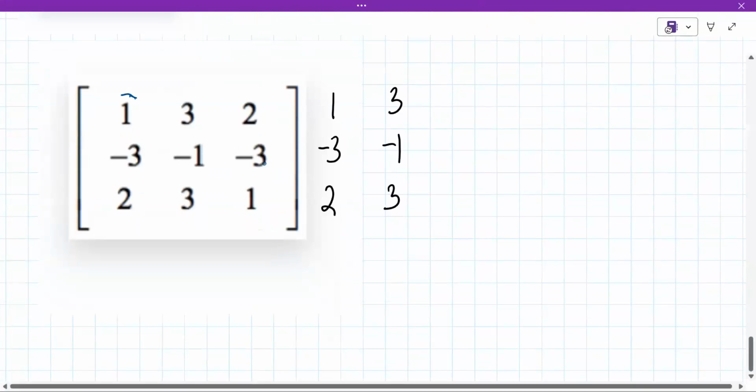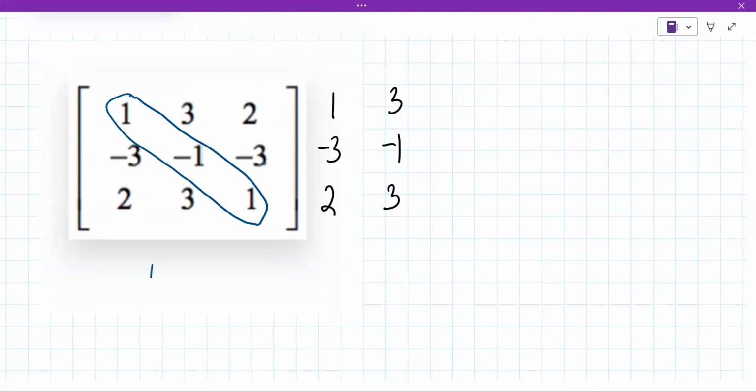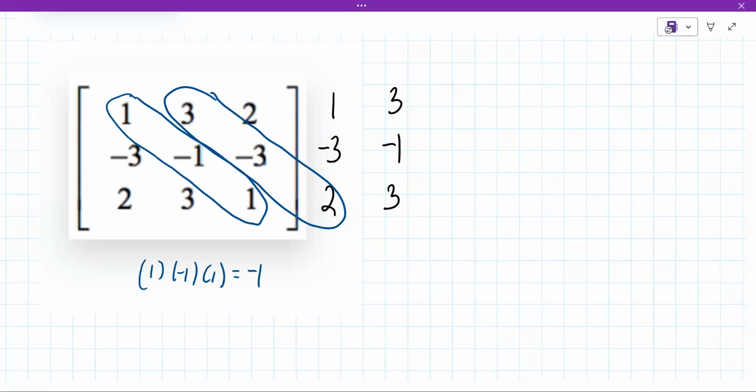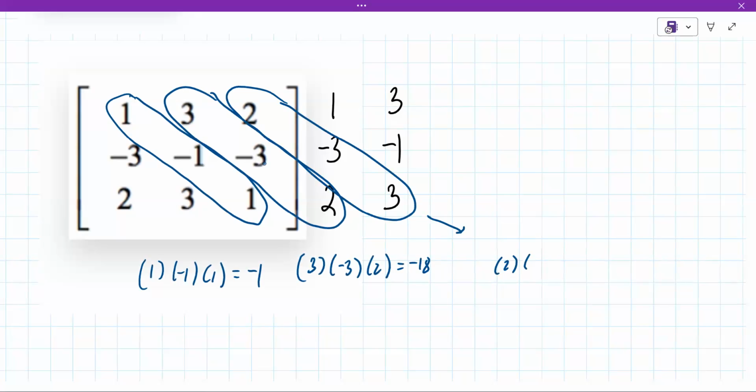You can go the other direction if you want, but it's 1 times -1 times 1, which is -1. Okay. 3 times -3 times 2 is -18. And the last one here is 2 times -3 times 3, which is also -18.